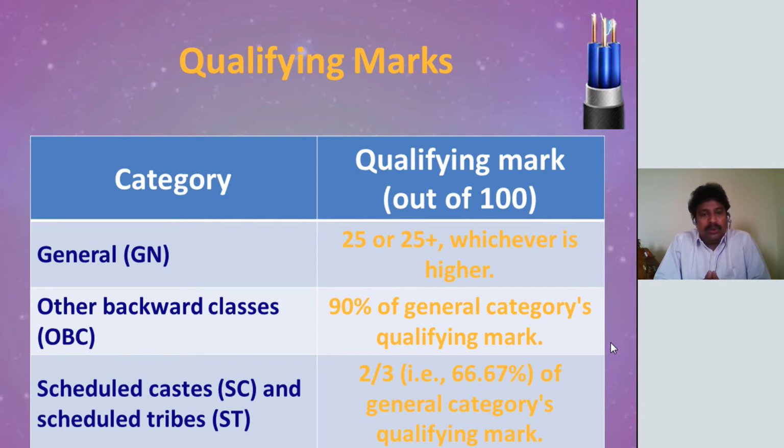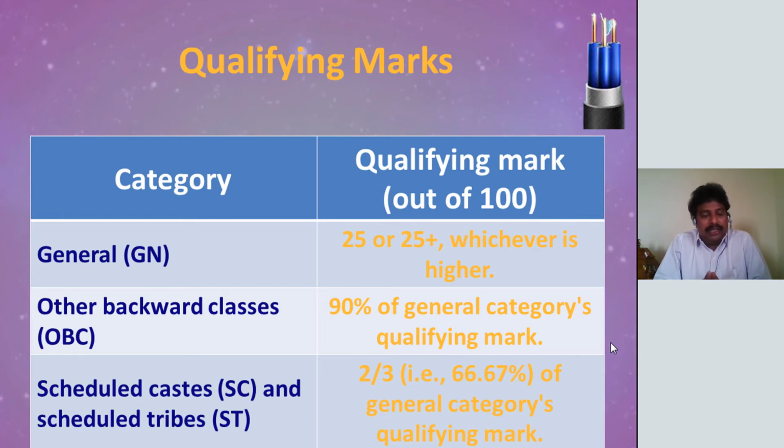So with respect to the general category, the qualifying marks of the other categories get decided. For other backward classes, the qualifying mark is 90% of the general category qualifying mark.